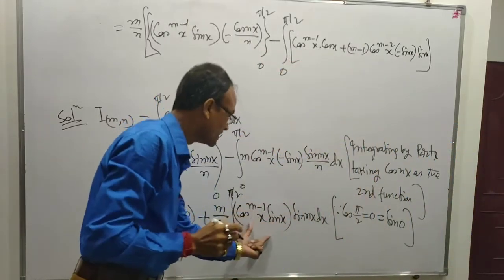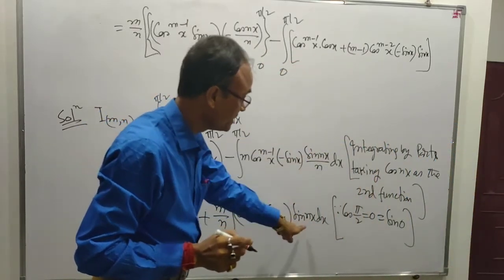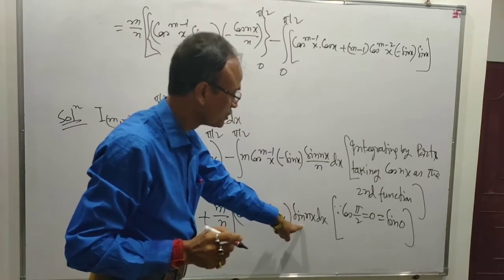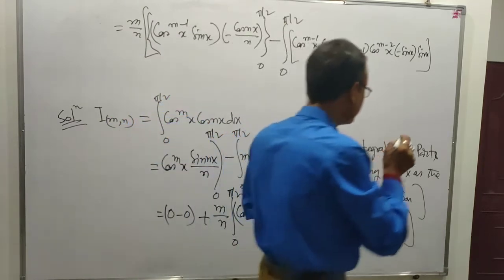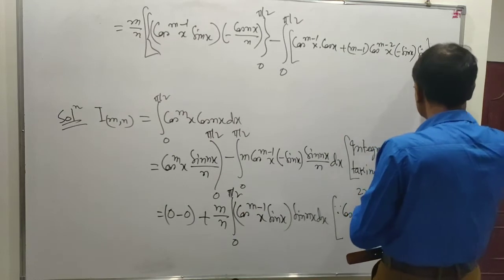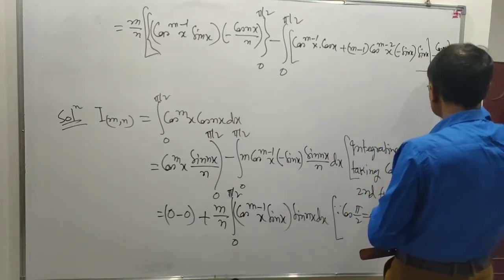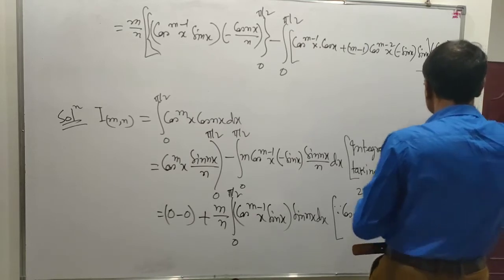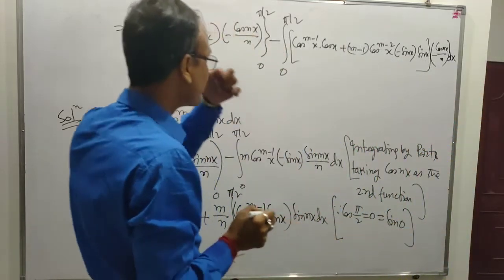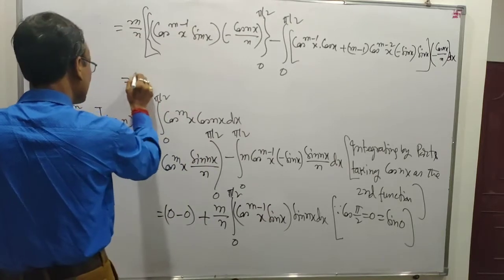The differentiation of this is this. We have to integrate this with respect to x. Sin nx, the integration of sin nx is minus cos nx divided by n dx. This is equal to m by n.